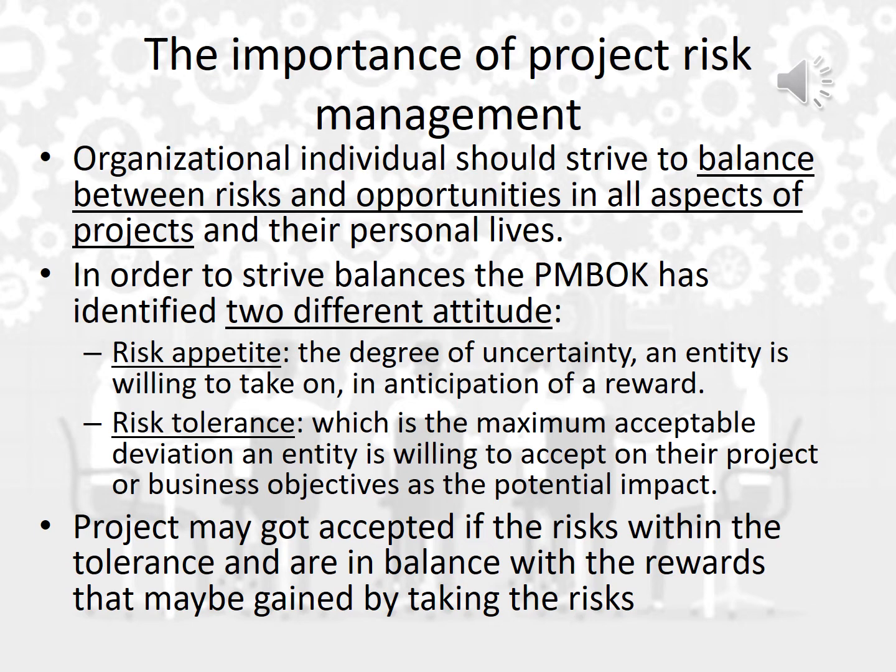They said that it is better to balance, so we need to consider the risk tolerance. Because of that, they constructed a bridge between the two towers. Because if something wrong or bad happened to one of these towers, the people inside that tower can climb to the bridge and run to the other tower. So that's the balance that the Petronas company managed to find in order to achieve that big project.